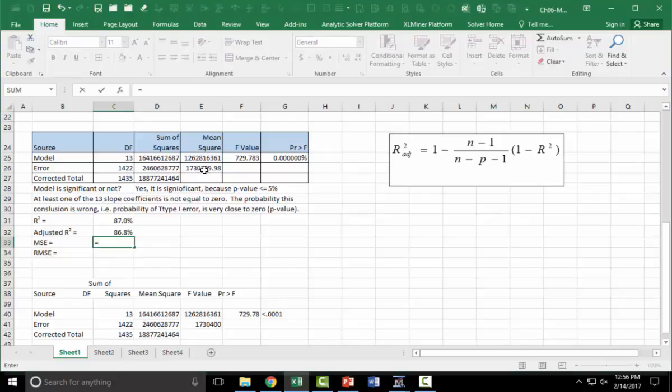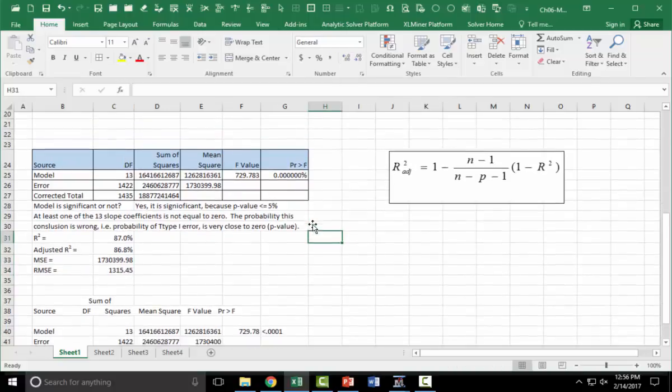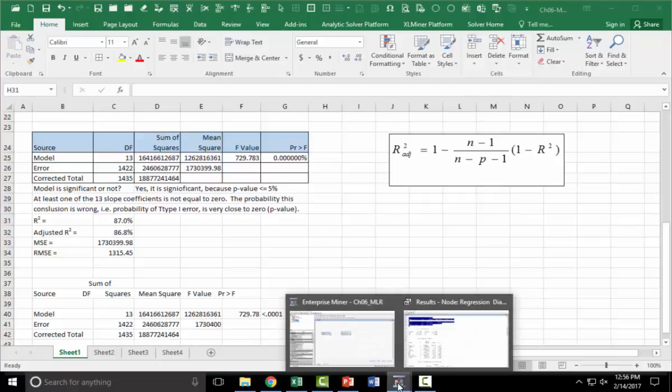MSE is your mean square error, and root mean square error is the square root of that. Okay. So which is what you see in the results.